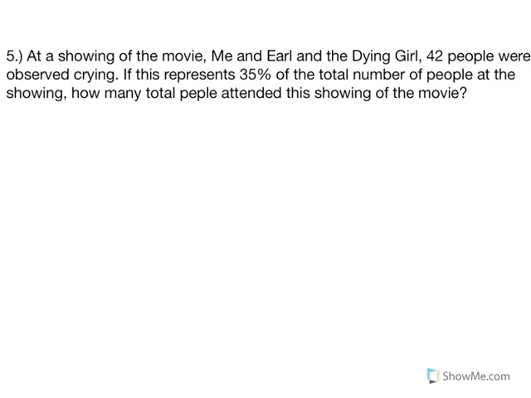Okay, so let's look at a story problem using equations. At a showing of the movie Me and Earl and the Dying Girl, which I've never heard of, 42 people were observed crying. If this represents 35% of the total number, that's 35% of the total. Do you know what the total is?